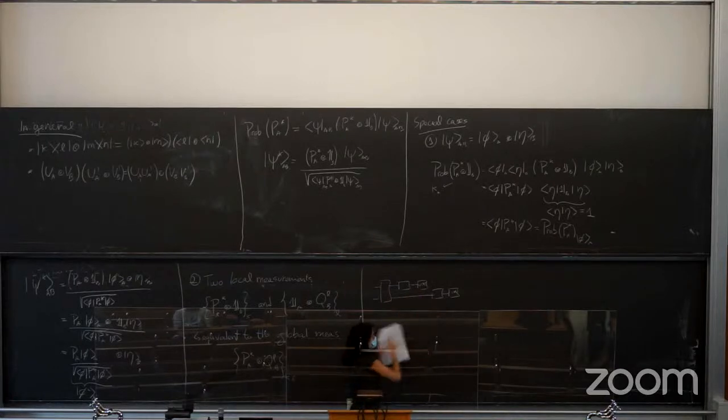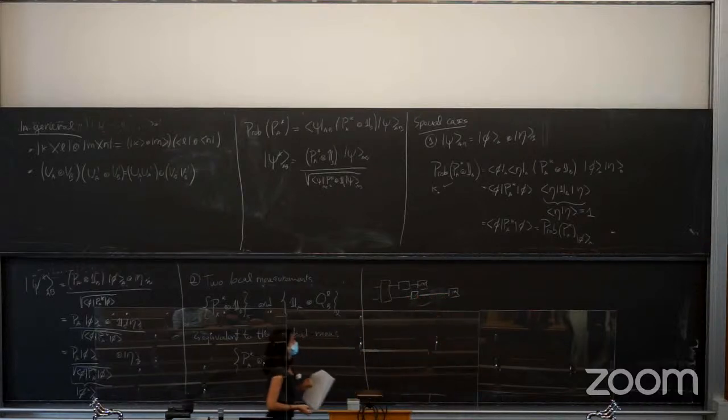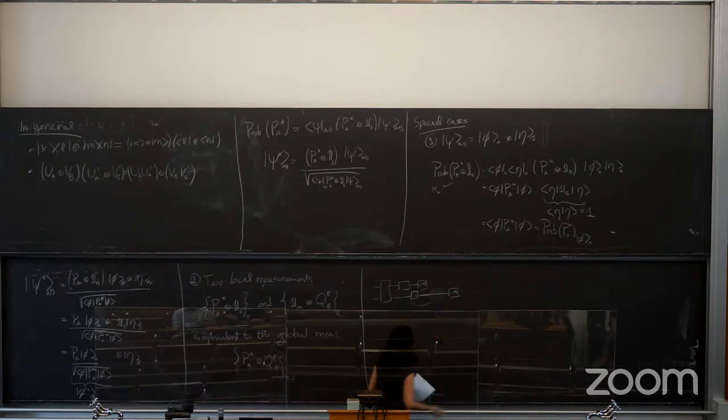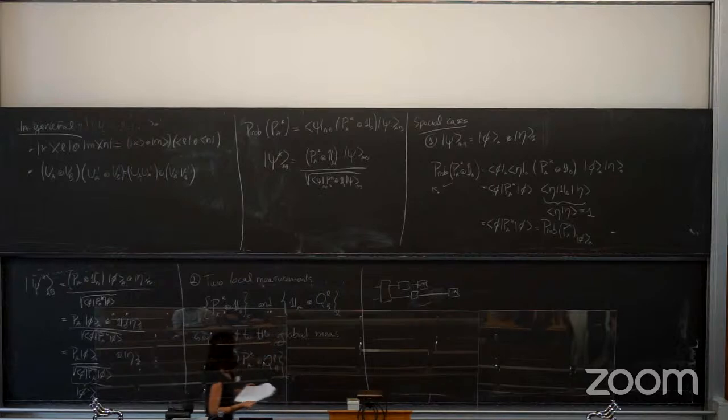So you can move this here, for example, and you get the same circuit. At the end of the day, you get the same probabilities and the same post-measurement states. This you will prove in the tutorial. It's a very simple proof.